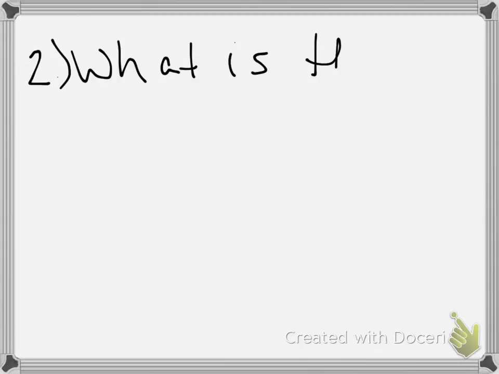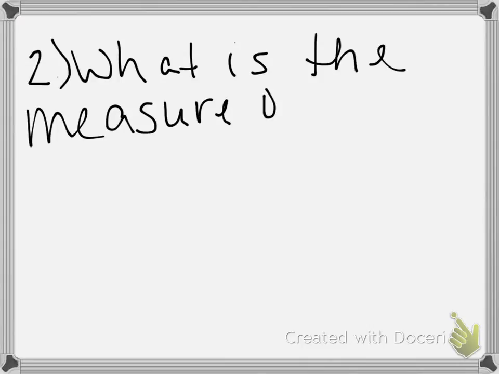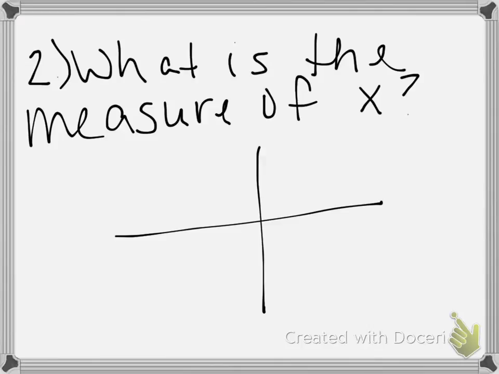Okay, for number 2, we're going to say what is the measure of x. Two intersecting lines. This angle will be 5x minus 10, and this angle will be 60.